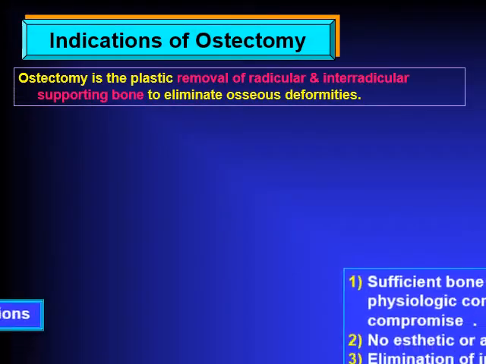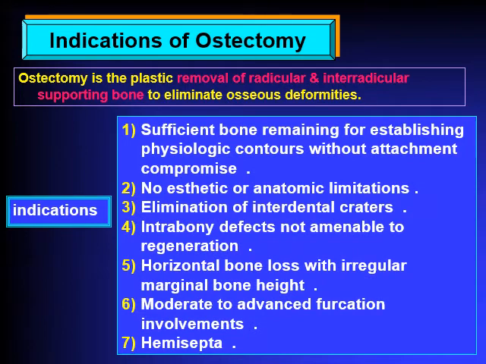Now, what about the indications of osteotomy? Indications of osteotomy: sufficient bone remaining for establishing physiologic contours without attachment compromise. Number 2, no aesthetic or anatomic limitations to do osteotomy. Number 3, elimination of interdental craters.